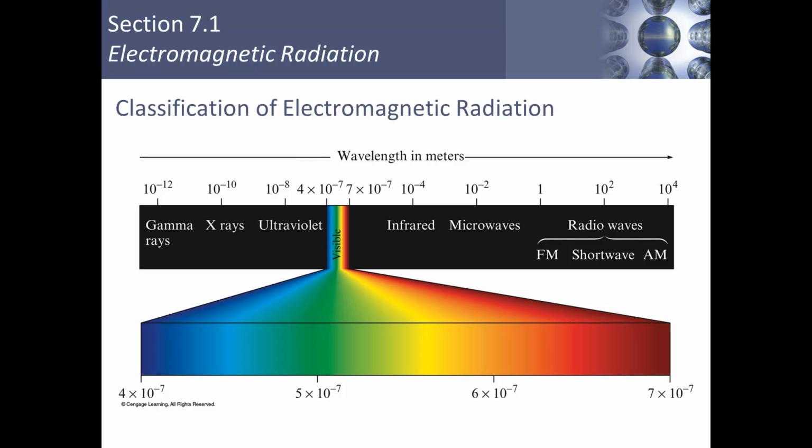In the electromagnetic spectrum, we also have visible light, which goes from 4 times 10 to the minus 7 meters to 7 times 10 to the minus 7 meters. This is a very narrow part of the electromagnetic spectrum. The visible light range is typically expressed in nanometers, so 400 nanometers to 700 nanometers.